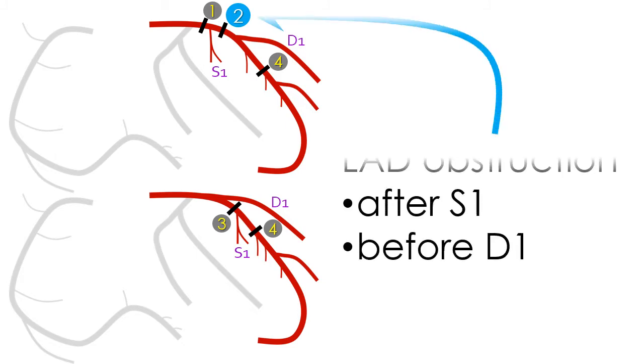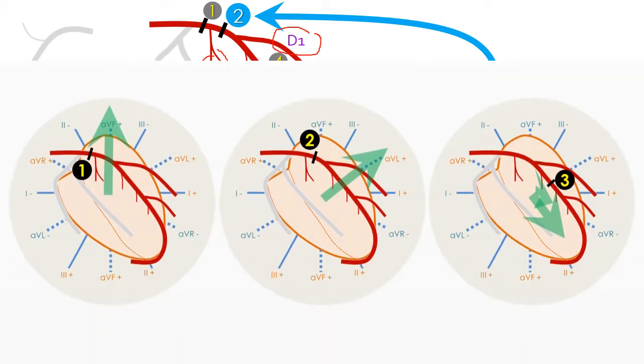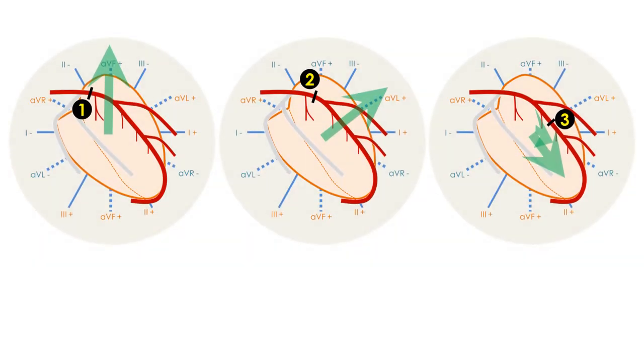In this video, we explain the electrocardiogram of LAD obstructions located after the first septal branch and before the first diagonal branch. Critical in the understanding of the electrocardiogram of LAD occlusions and their impact, and the extent of myocardium at ischemic risk, is the direction of the ST deviation vector in the frontal plane.